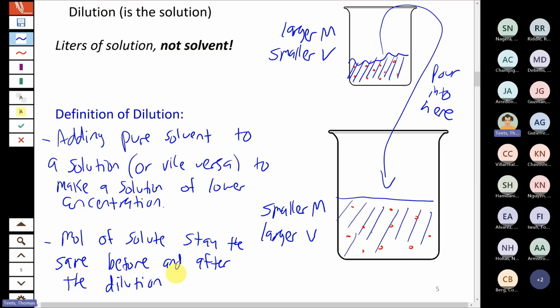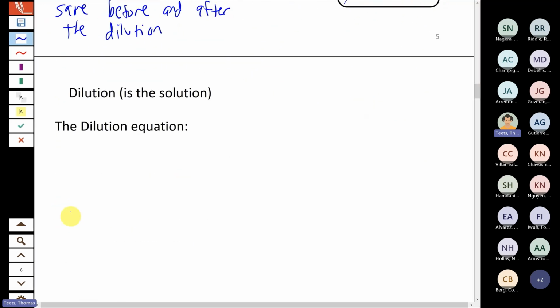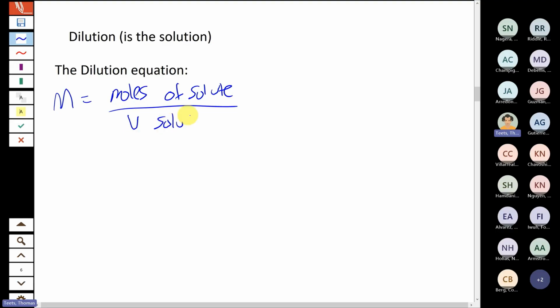All right, so that's just a quick overview of what we mean by dilution, or physically what you're doing. But what's more important for us is the math behind it, which is the dilution equation. So using the definition of molarity, which is moles of solute divided by volume of solution, volume in liters in particular.